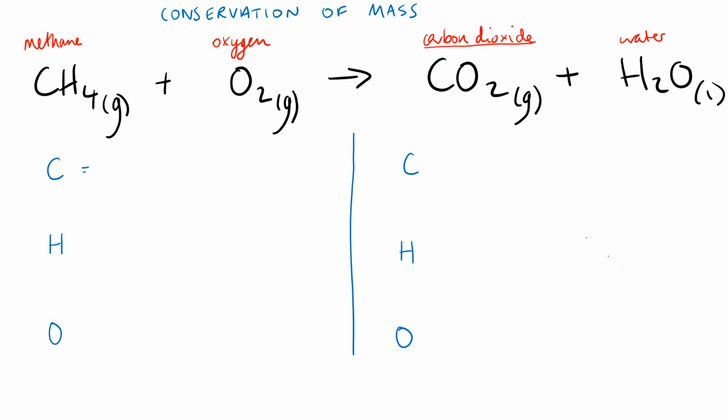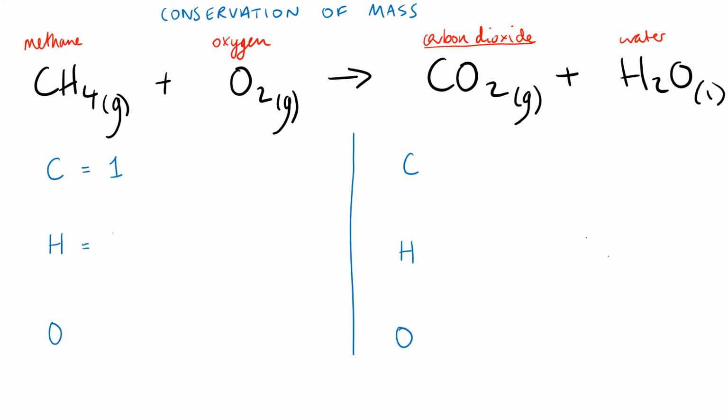So on the left-hand side we have CH4. Now CH4 is telling us that there's 1 carbon and 4 hydrogens. And in chemistry we don't include the 1 in the chemical formula. So on the left we have 1 carbon at the moment.